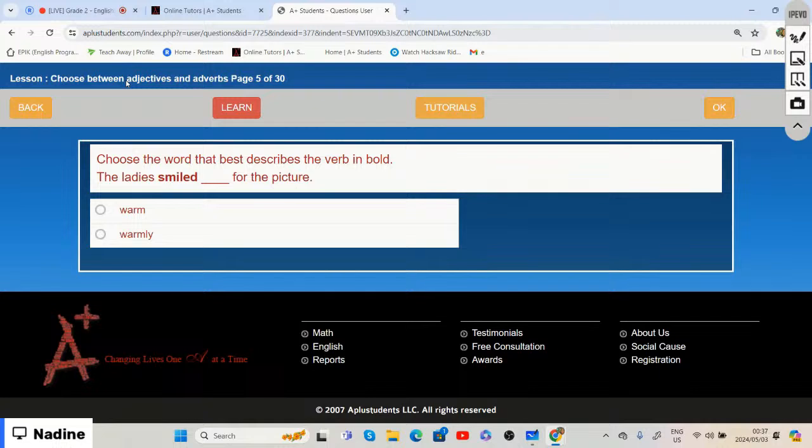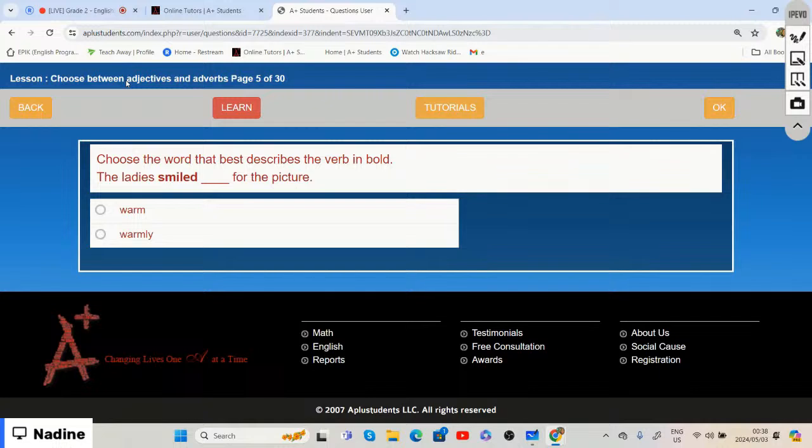Adverb. So we say that the ladies smiled.